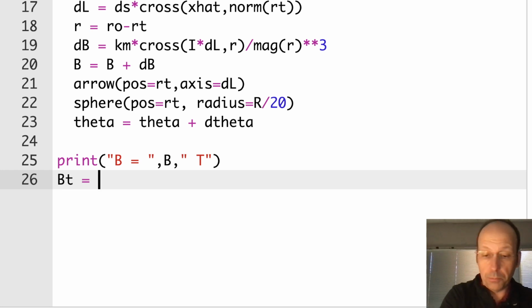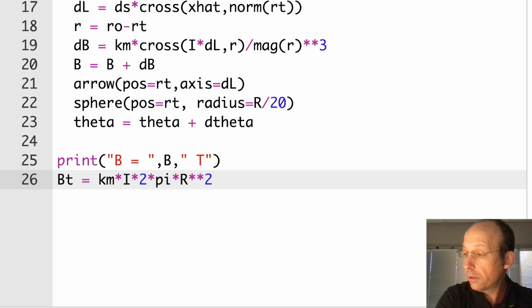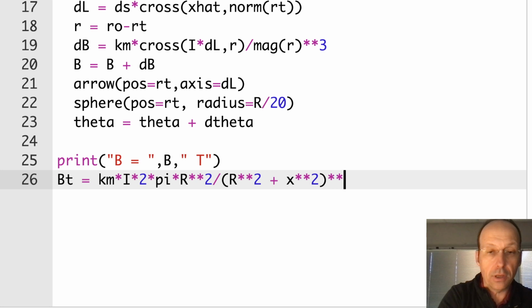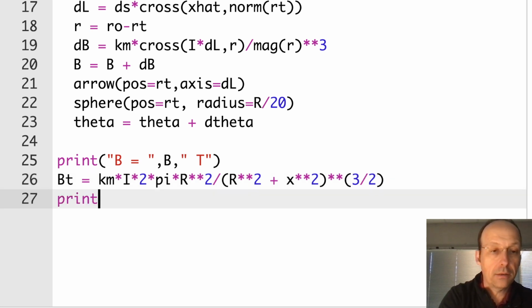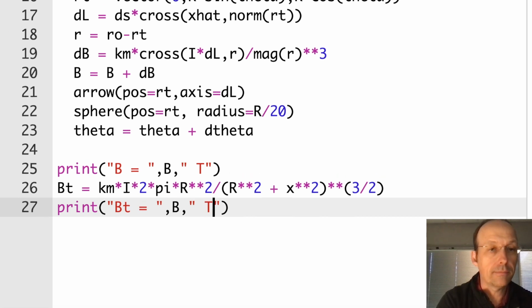It's going to be equal to mu naught over 4 pi, so km, times I times 2 times pi times r squared divided by R, capital R, squared, plus x, I'm using x here, squared, raised to the 3/2. And let's print that. BT equals B, Tesla.